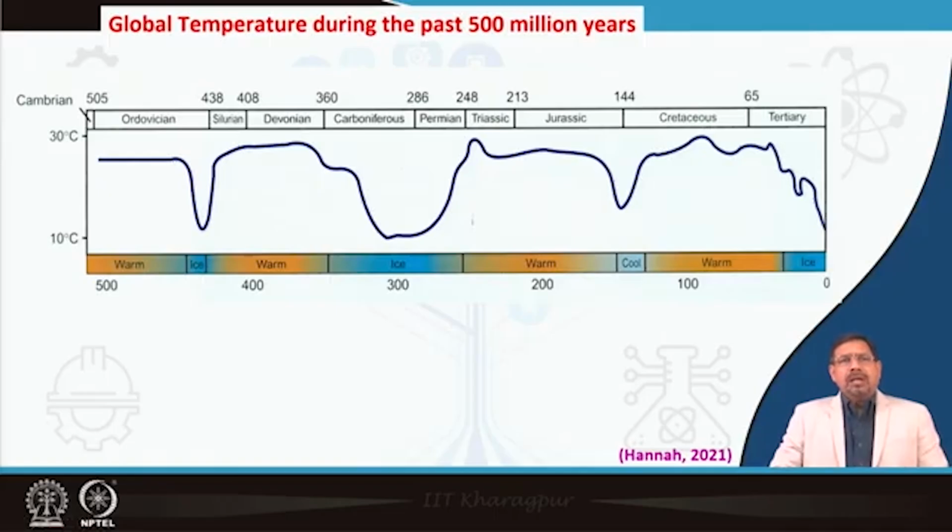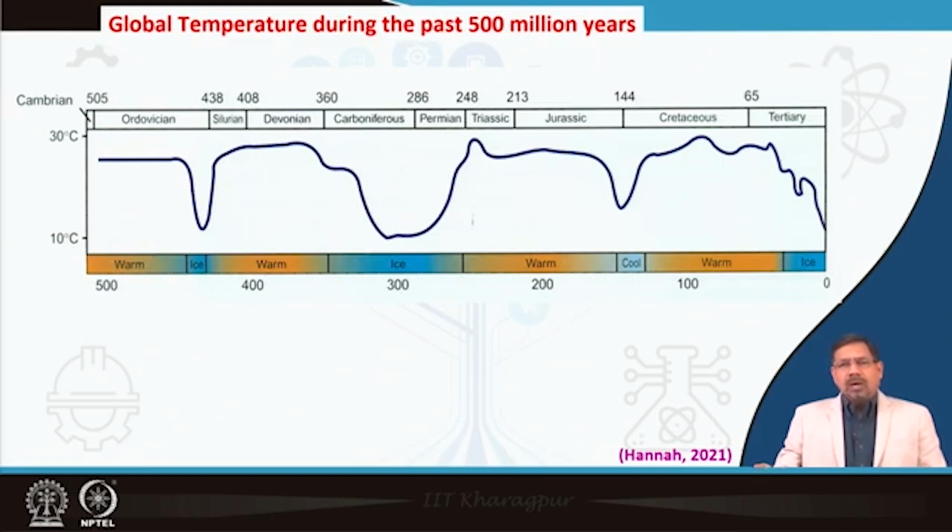This particular graph gives us the basic idea of how Earth's average surface temperature has fluctuated in the past 500 million years.